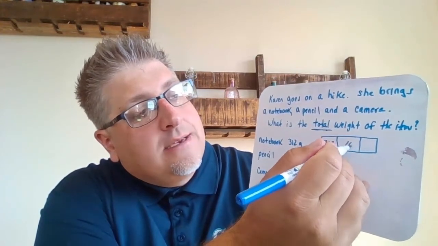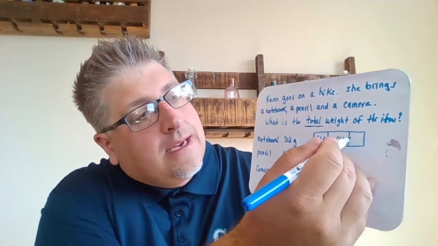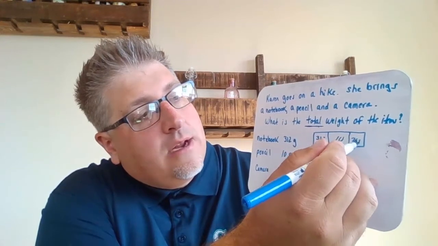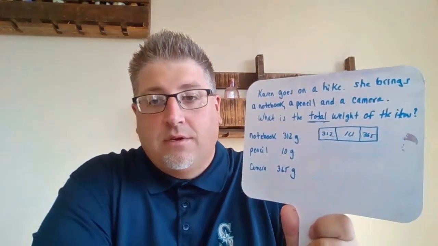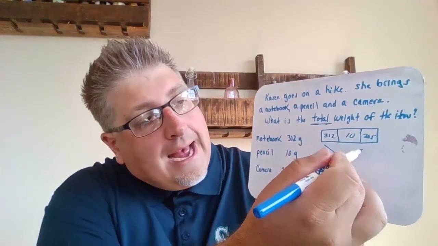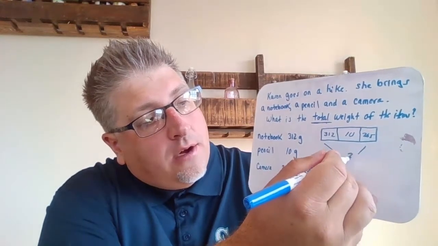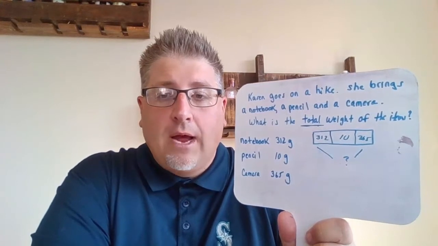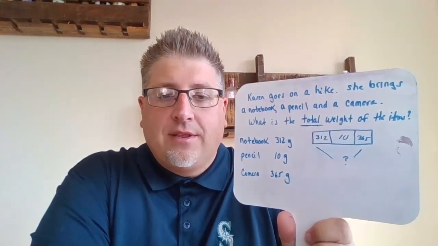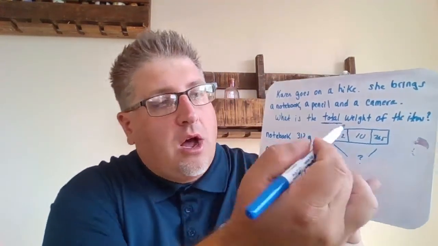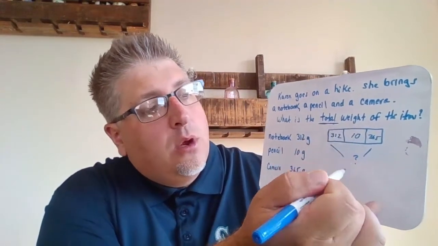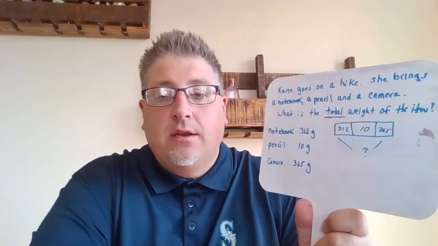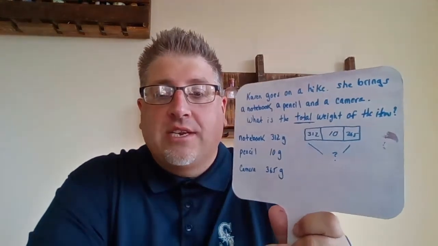The pencil weighs 10 grams. And the camera weighs 365 grams. So if we add all of this together, that is what we are solving for. The notebook, the pencil, the camera, we add those 3 all up. We will find our total weight of what she is carrying.